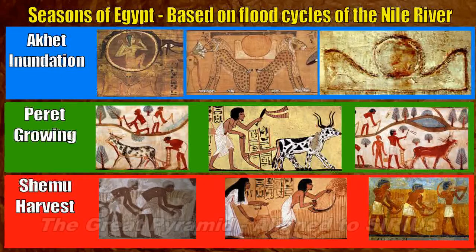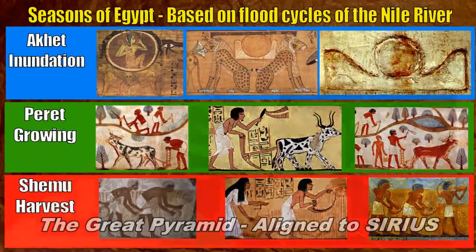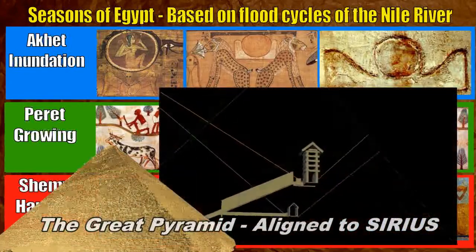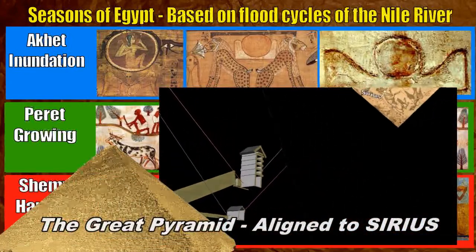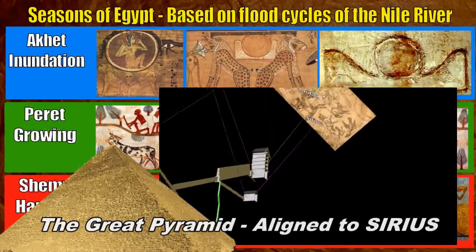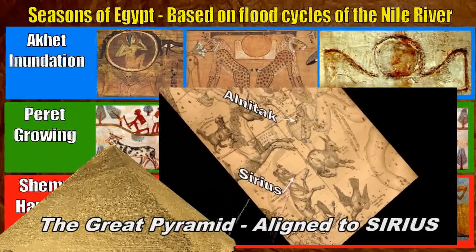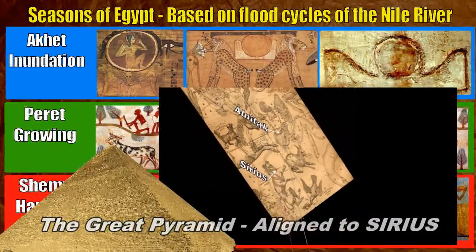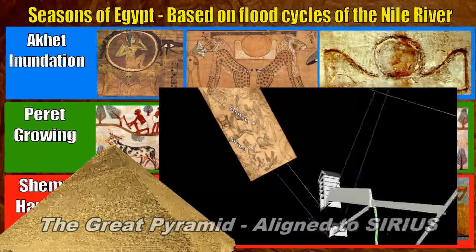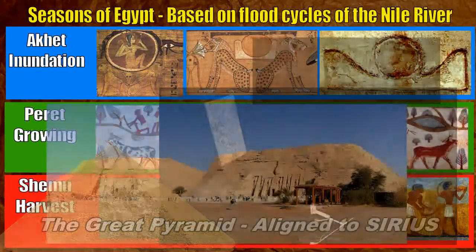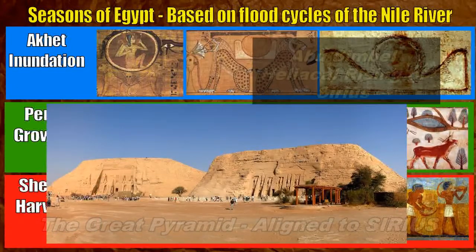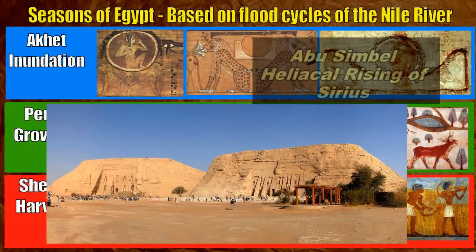Following this, we had the third of the Egyptian seasons, Shemu, or the harvest season, each of these seasons being 120 days. Then we had a 5-day period to make up the 365 days per year cycle, because it was imperative to them that in Akhet, the inundation or flooding season, the heliacal rising of Sirius, the star connected to Isis, the star which was aligned to the Great Pyramid, the star which is so important to cultures all across the world, especially in a navigation sense.